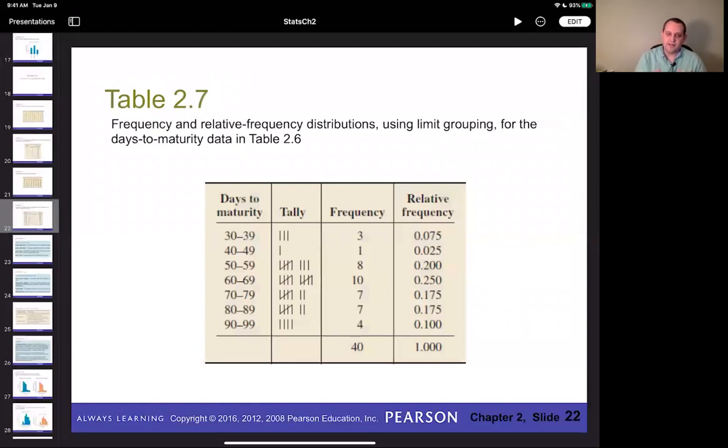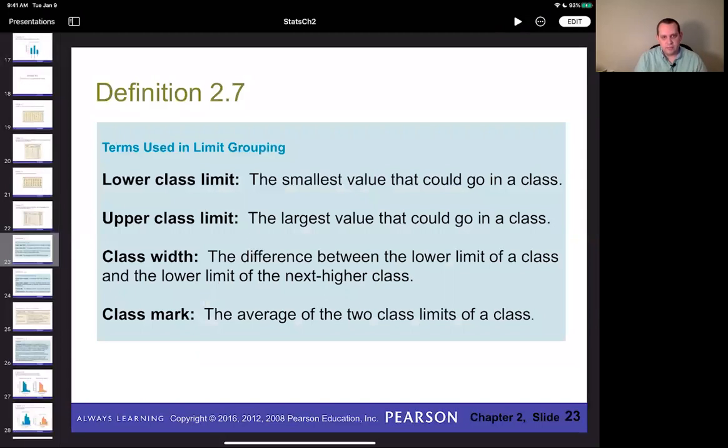So the lower class limit would be 30, and the upper class limit would be 39. The class width would be the difference between the two, so 39 minus 30. And then the class mark is the average of the two. Okay, so that's what they're talking about there, for the different classes.